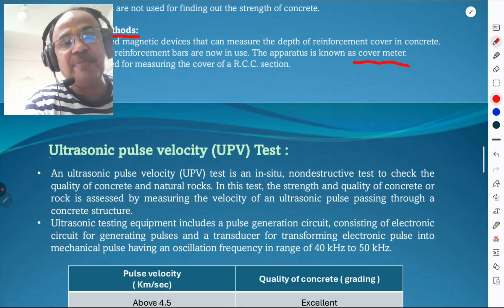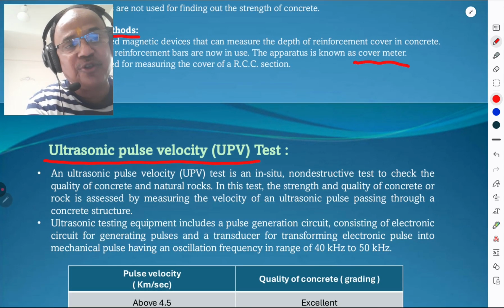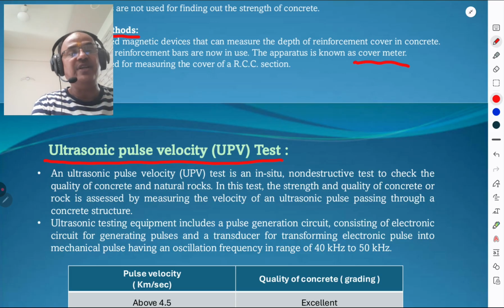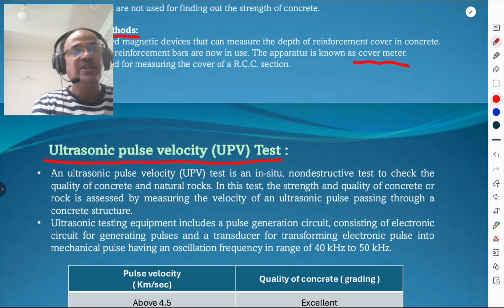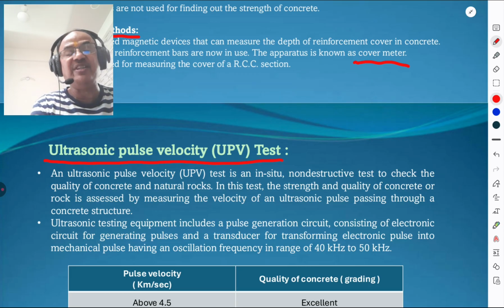Then second important method is the ultrasonic pulse velocity method, that is UPV. Ultrasonic pulse velocity test is an in situ non-destructive test to check the quality of concrete and natural rocks. In this method, the strength and quality of concrete or a rock is assessed by measuring the velocity of an ultrasonic pulse passing through a concrete structure.